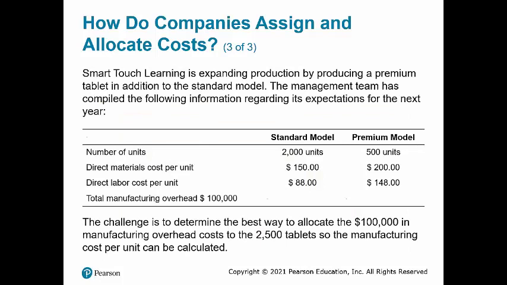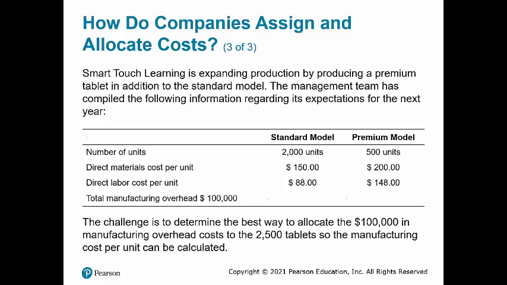So how do companies assign and allocate their costs? Well, again, Smart Touch Learning has decided that they are going to expand their production by producing a premium tablet in addition to the standard model. So the management team has compiled the information for the direct materials and direct labor costs for each of the units, as well as the number of units that they expect to produce over the next year.